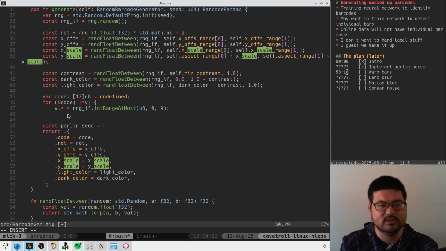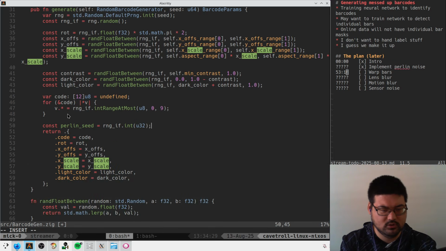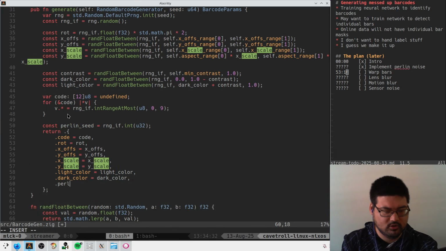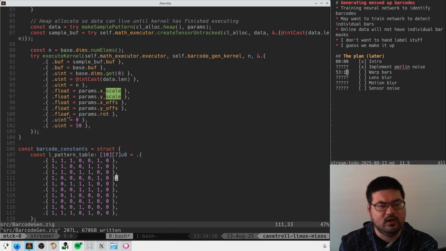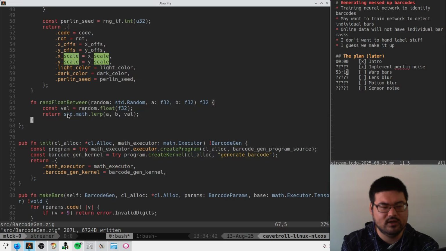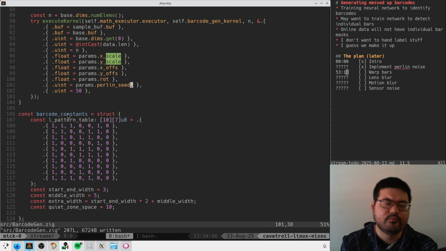Perlin seed is equal to RNG interface int U32. And then Perlin seed is equal to Perlin seed. Okay, and then here we should be able to pass in params Perlin seed. Nice. And then I guess we can throw the scale in here as well, but maybe we'll do that later.